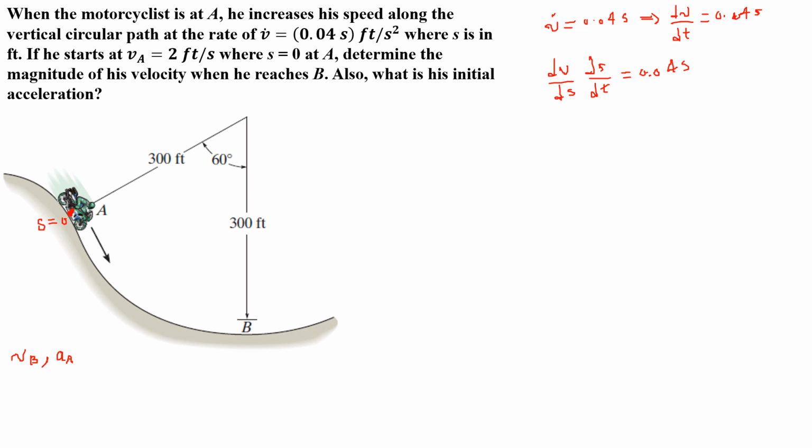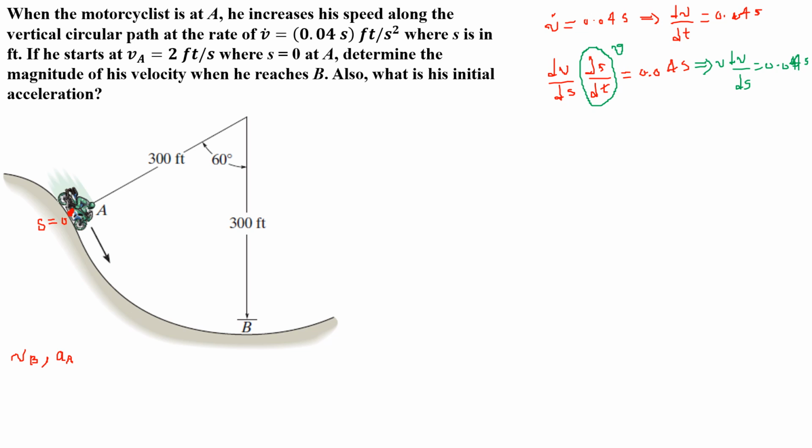I know many people just memorize the relation, but I always use this so that I will never forget it. So we have v dv over ds equal to 0.04 s. Now we can separate the variables and integrate.